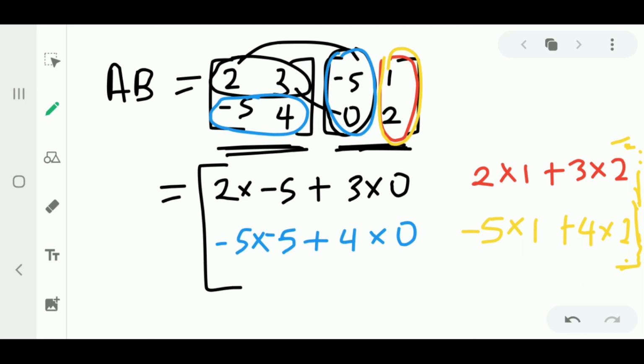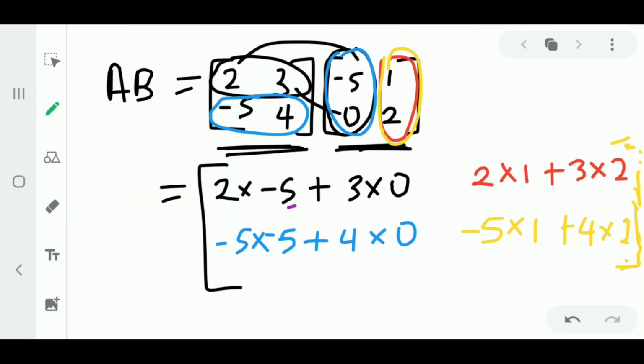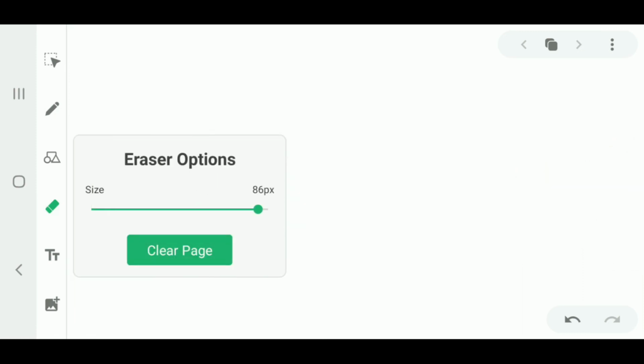All we need to do now is to simplify. So we say 2 times minus 5 plus 3 times 0. That's saying minus 10 plus 0.